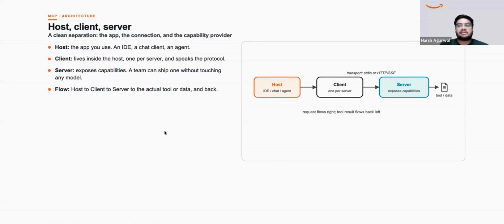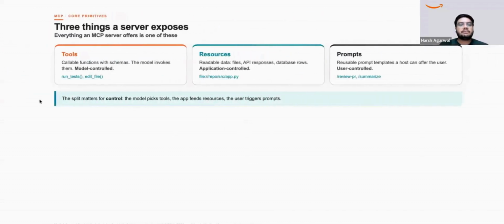So, host, client, and server, this is the MCP pipeline, and all of these are decoupled from each other. So the tool builders and the model builders will never have to coordinate with each other, and this is how the whole ecosystem is able to scale.